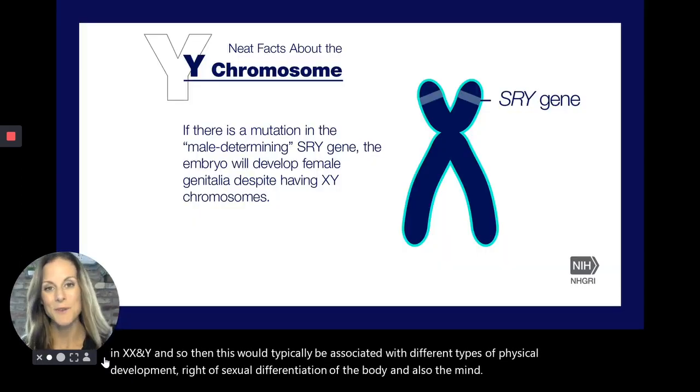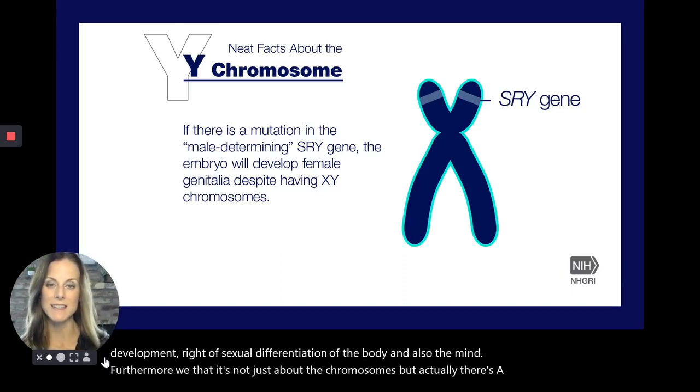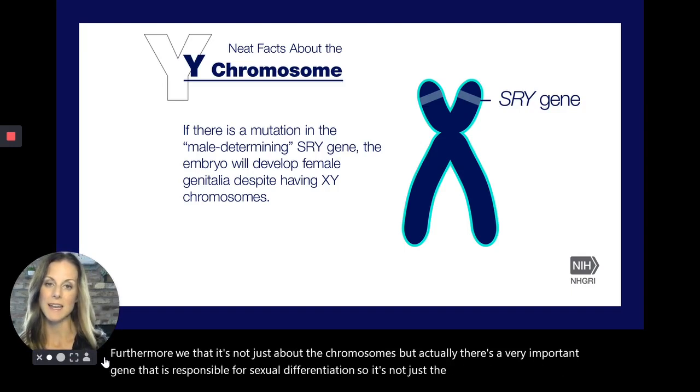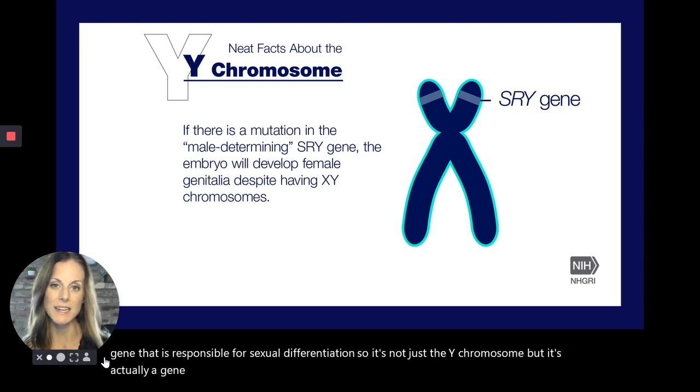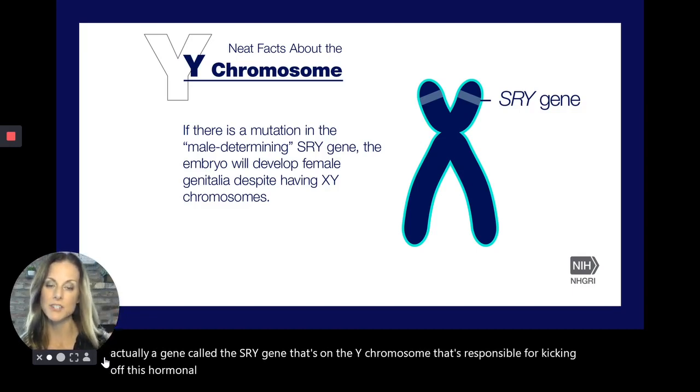Furthermore, we now know that it's not just about the chromosomes, but actually there's a very important gene that is responsible for sexual differentiation. So it's not just the Y chromosome, but it's actually a gene called the SRY gene that's on the Y chromosome that's responsible for kicking off this hormonal cascade that begins to change the body.